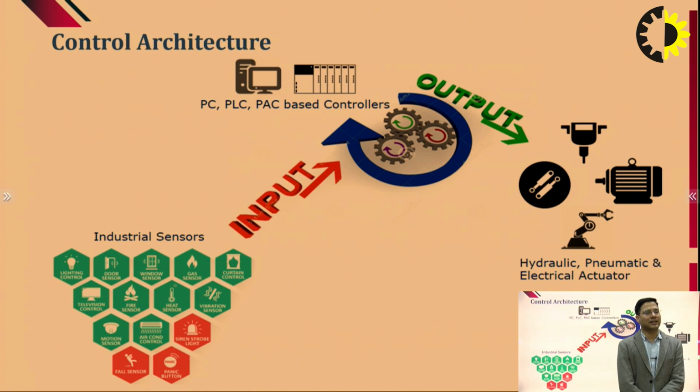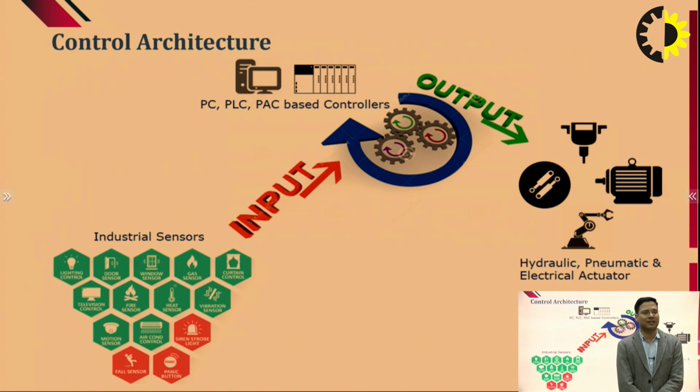So industrial sensors, when we are talking about automation, there are a number of industrial sensors: for measuring the temperature we have different sensors, for measuring the humidity we have different sensors, for controlling the windows operation we have different sensors, for controlling the gas and fire we have different sensors.